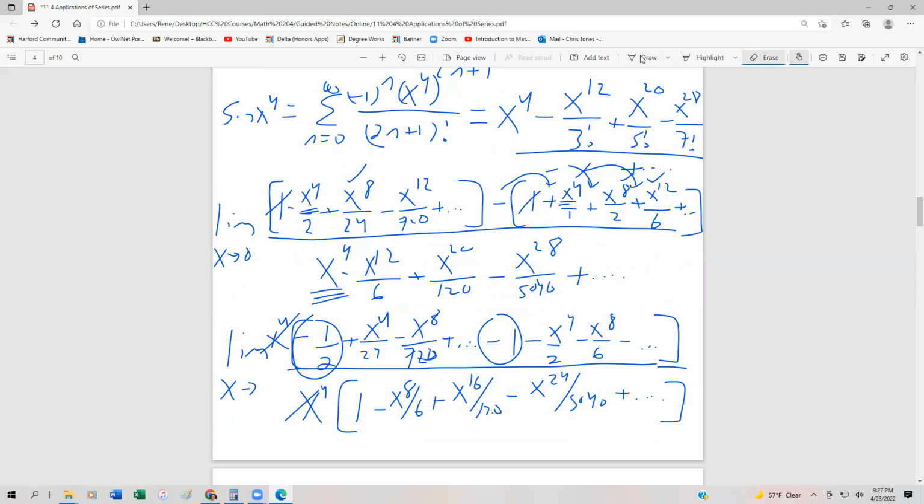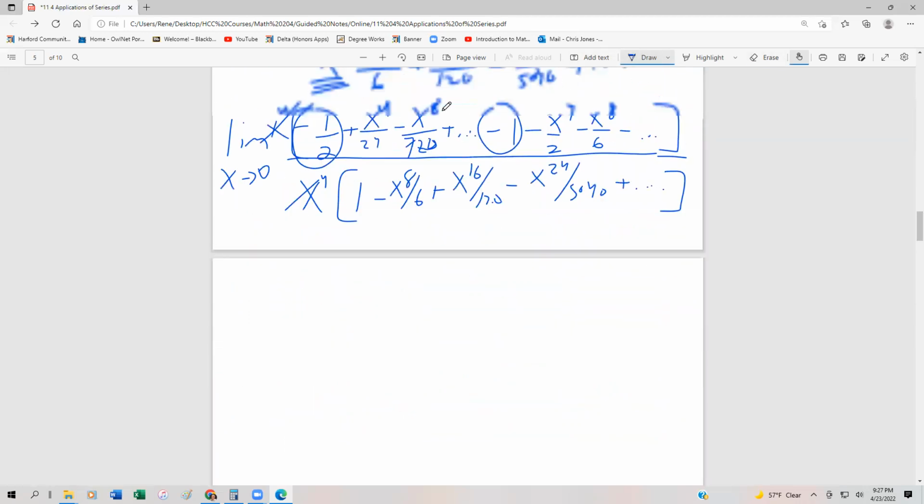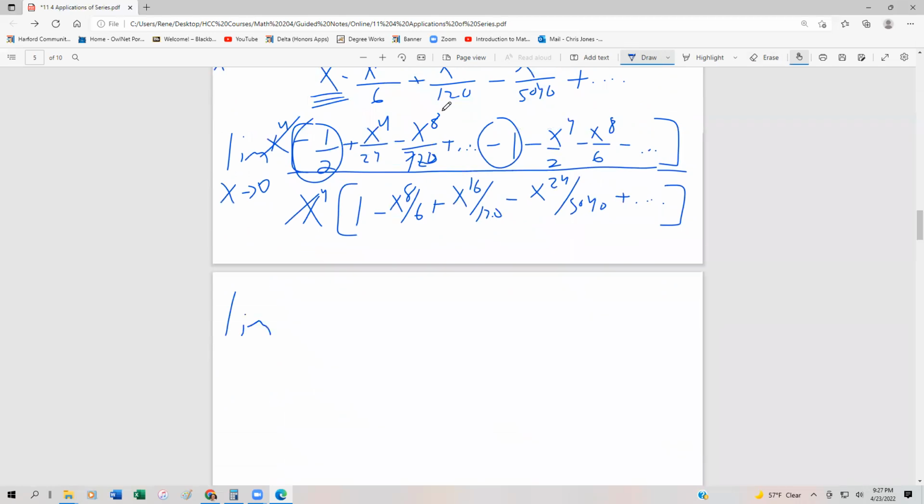And so what's going to happen is that we're just going to combine. All right, and we get the limit as x approaches 0 of, this is going to be a minus 3 halves from this term and this term. And then we have x to the fourth over 24, x to the eighth over 720.